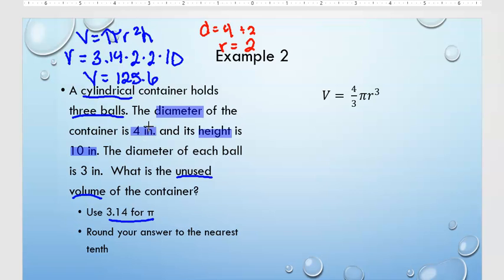Now units, this is inches, so inches cubed. This is the volume for my cylinder, my container.